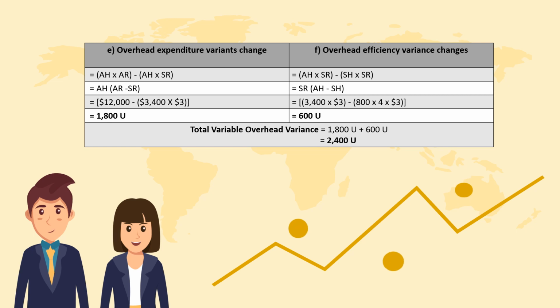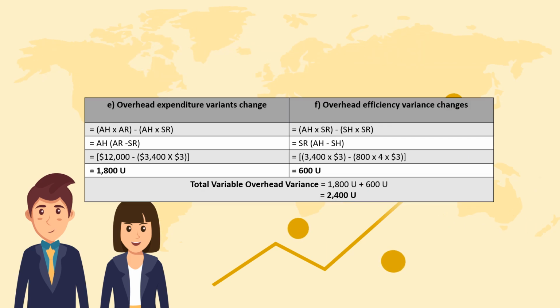For the overhead efficiency variance, the formula is actual hour minus standard hour, and we multiply it by standard rate, which is 3,400 times 3 minus 8,800 times 4 times $3. So we will get 600 unfavorable. So the total variable overhead variance is 1,800 plus 600, which is equal to 2,400, which is unfavorable.